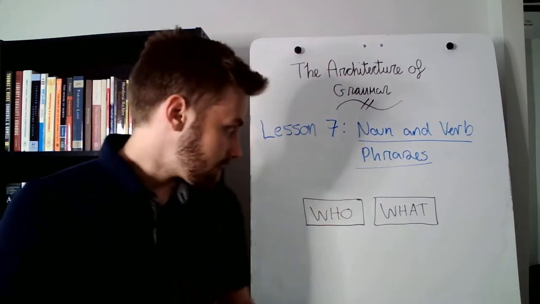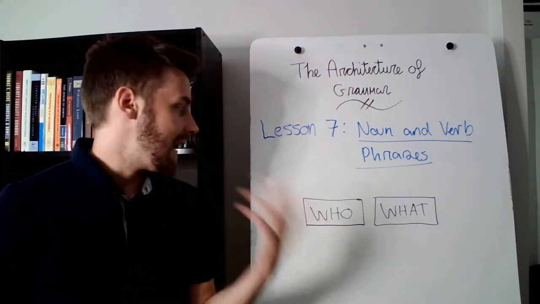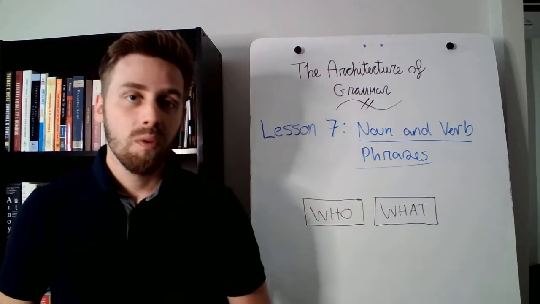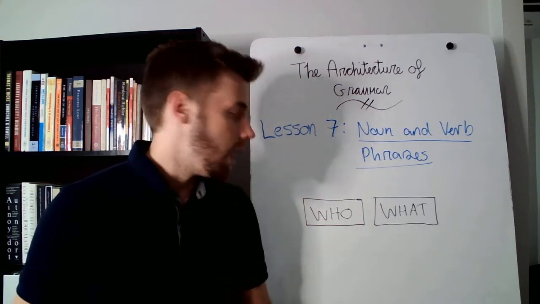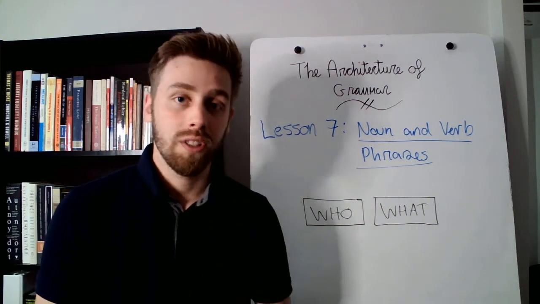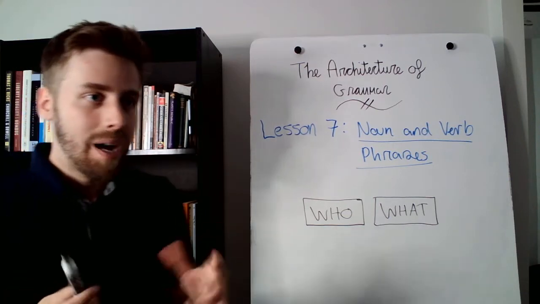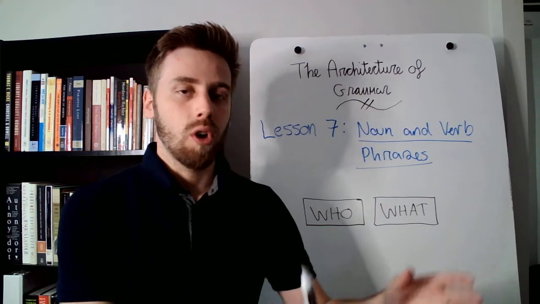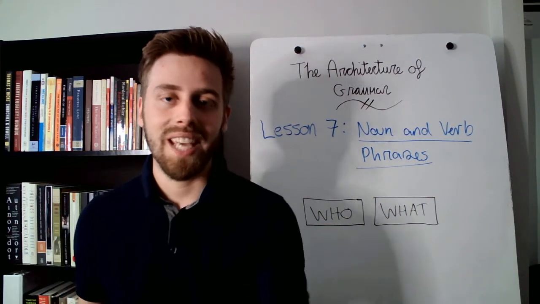We've talked about the fact that we use nouns, for example, when it comes to the who, when it comes to the subject. We've also talked about the fact that we have verbs to express the actions in a sentence. So that's the what. Now we're going to talk about these phrases, and remember, phrases are simply groups of words that convey more meaning than words otherwise can.